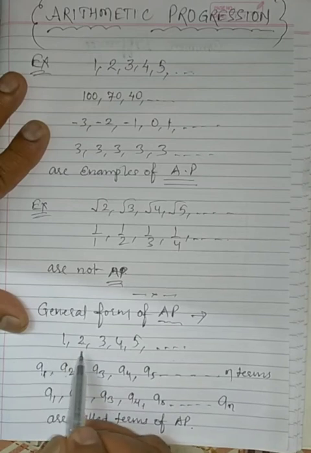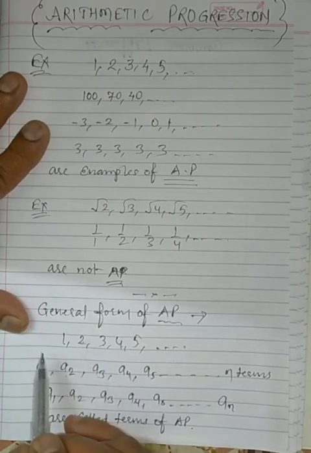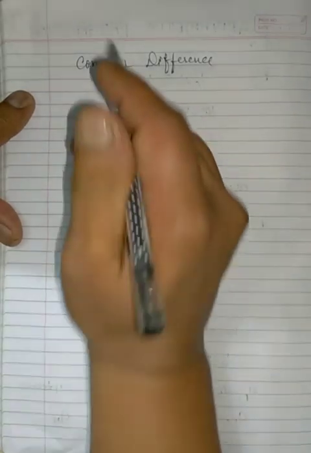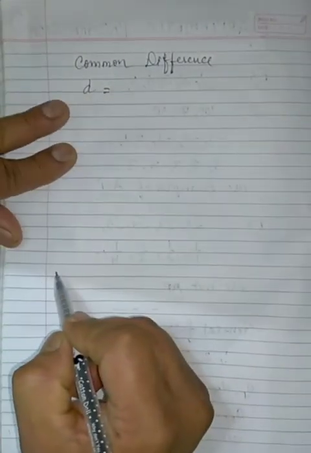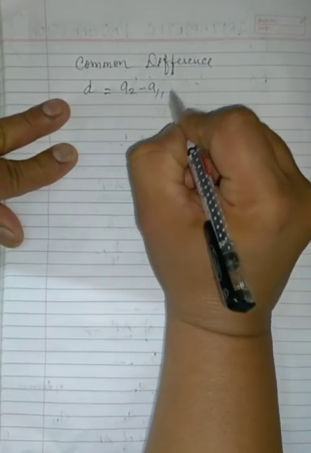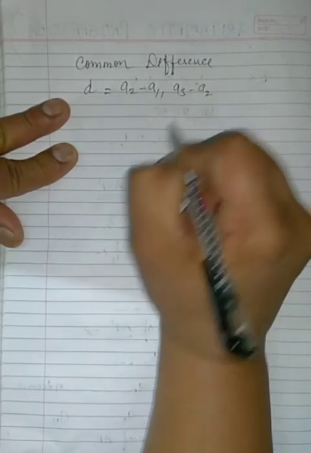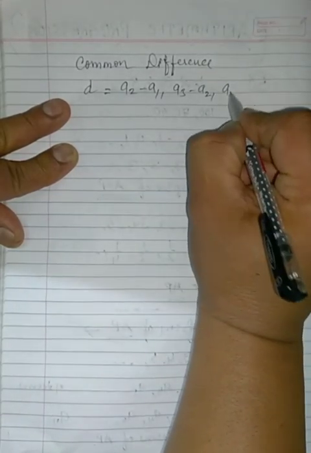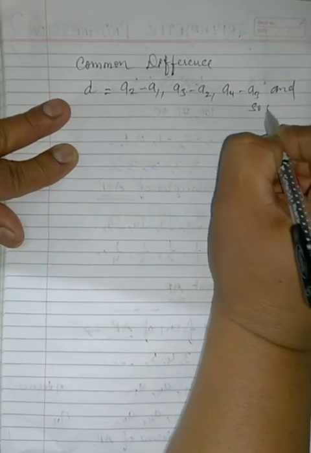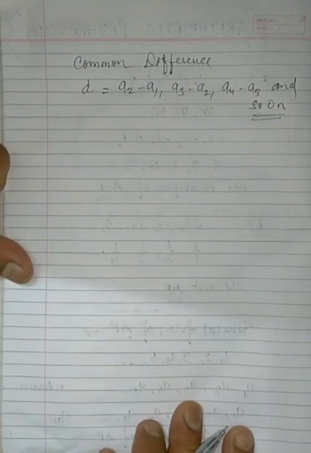Means from succeeding term you will subtract preceding term. Okay? So for this AP, the common difference, denoted by D, is equal to A2 minus A1 or A3 minus A2 or A4 minus A3 and so on. Okay? So this way we can find out the common difference.